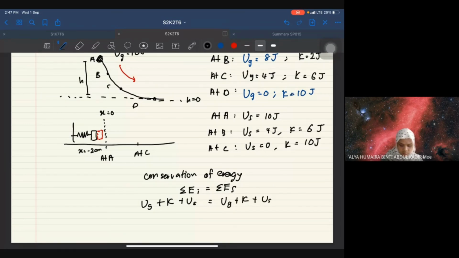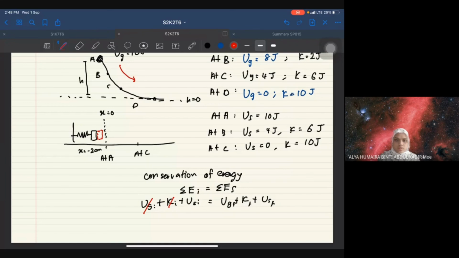Okay, so this one you put here, this one is initial, final. For example, in the spring case earlier, initially you only have U spring, there is no kinetic, right? So you can cancel out this one.